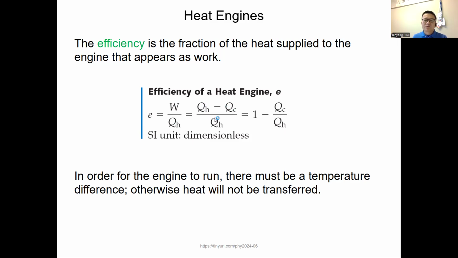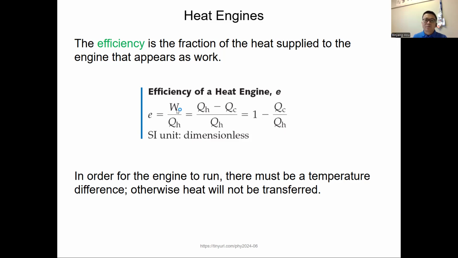QH will cancel, giving you 1, but this QC also will be divided by QH. So it can also be equal to 1 minus QC over QH, okay? So it depends: if you know the work and the heat it takes in, you can use this expression. If you just know how much heat it takes in and how much it discards, then you can use that expression. But in the end, they will give you the same answer.